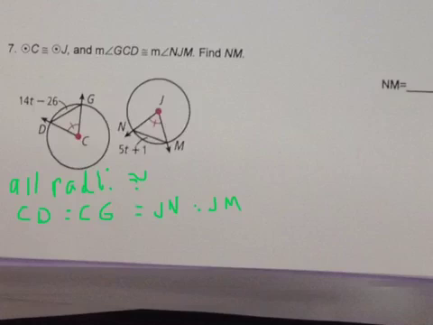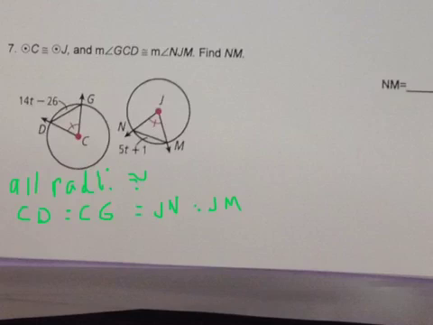I'm not, just because it's been hard for the app to pick up my finger, so I don't want to get a bunch of marks that get in the way. And the measure of angle GCD is equal to the measure of angle NJM. So we have two congruent angles. Find NM. Well, NM is right here. You see it.